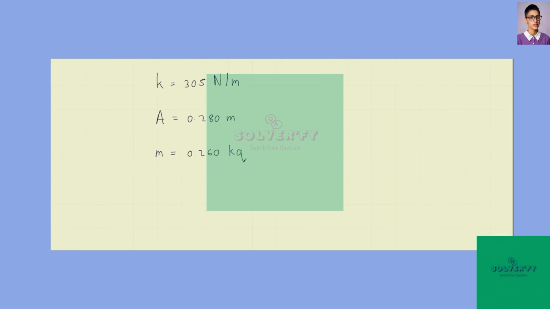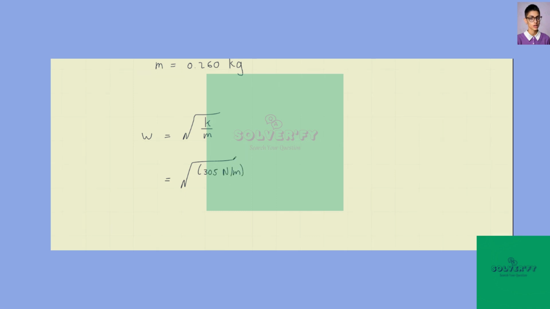0.26 kg. Now, the angular frequency of oscillations omega is equal to the square root of the stiffness constant K divided by the mass m. And so this is the square root of 305 newtons per meter divided by the mass 0.26 kg.